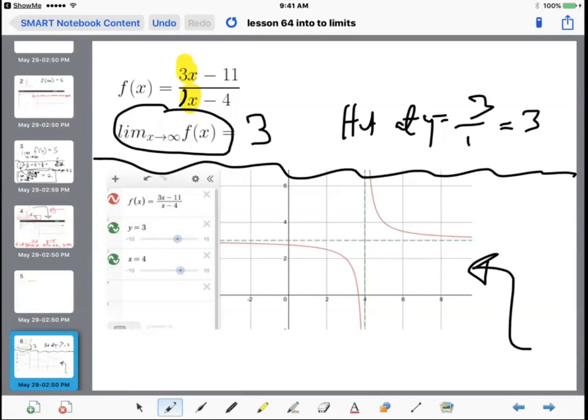And yes, the 11 and the 4 are not important here because for such big numbers, like if you put 1 million in. But it's really a subtle concept because you might say, okay, if I put 1 million in, it's not going to be exactly 3. That 11 and the 4, who's to say this isn't approaching 3.000... with lots of zeros and then a 3?